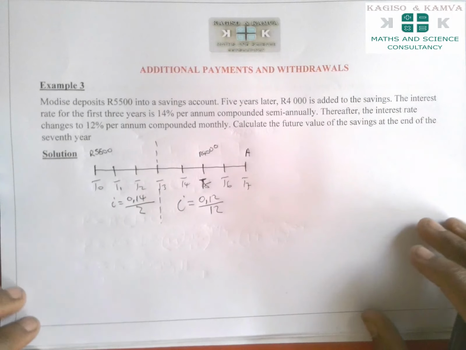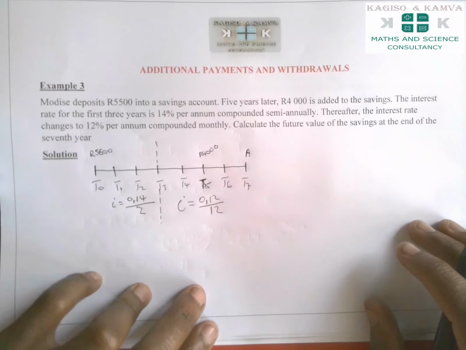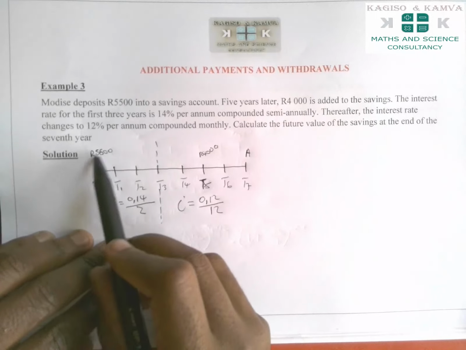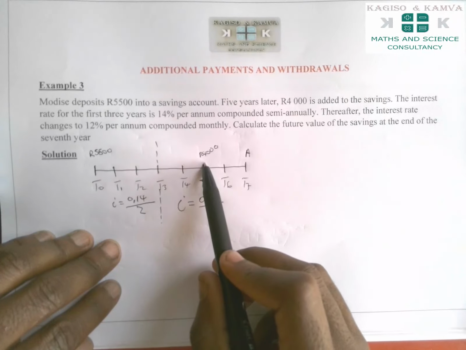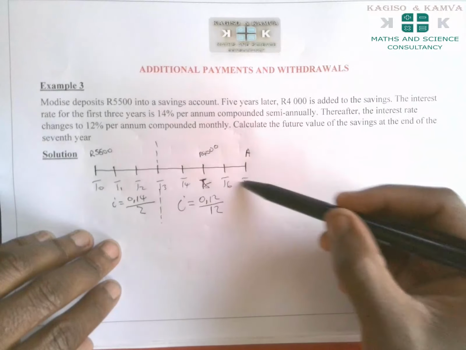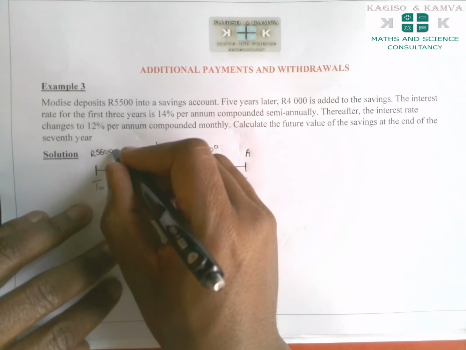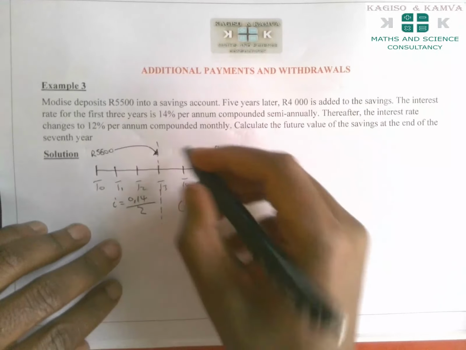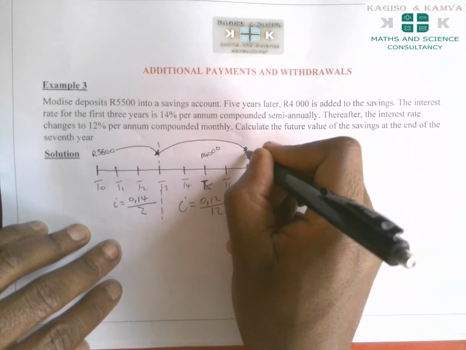So what is going to happen, good people, is that we are going to invest this up until the 7th year. This 5,500 we invest, and we're also going to invest this 4,000 for 2 years, and then we add the accumulated amounts. So this 5,500 is going to come here, it will increase with this rate, and it carries on to the 7th year.